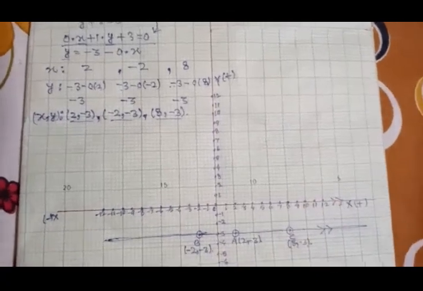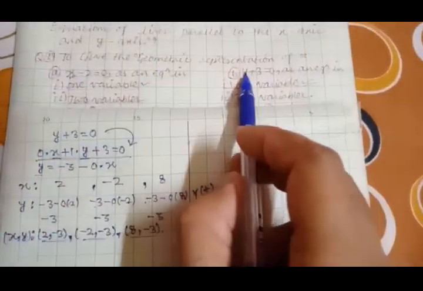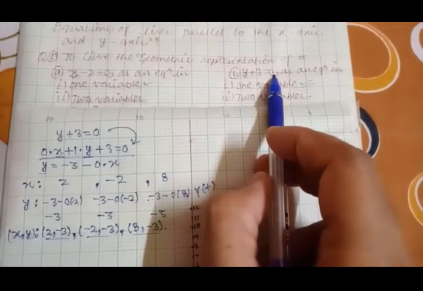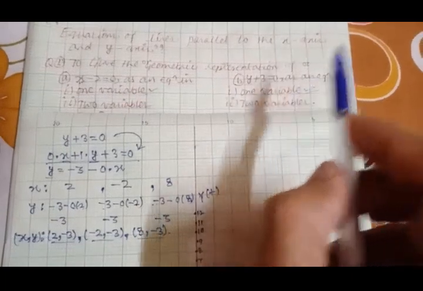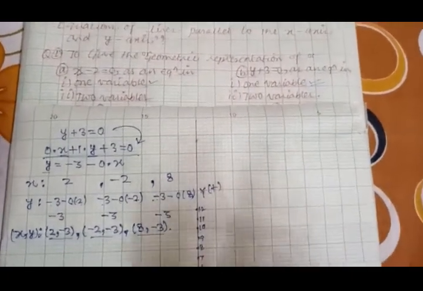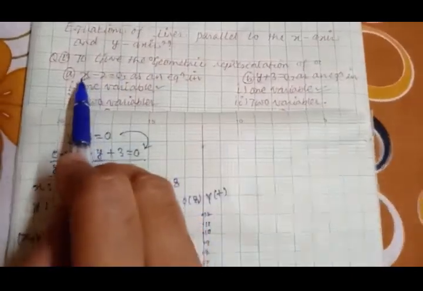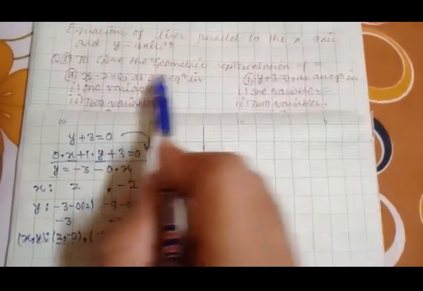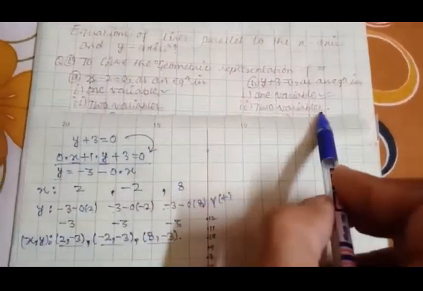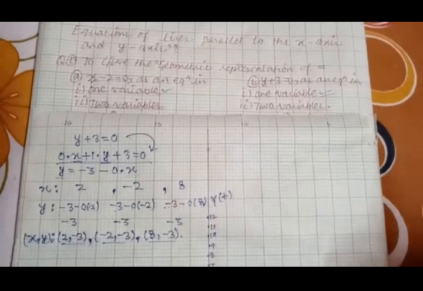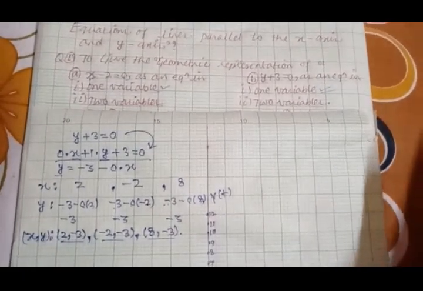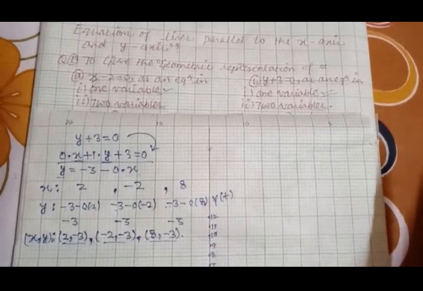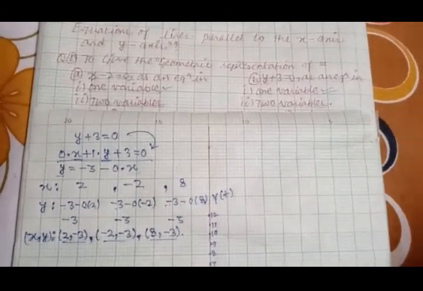So remember that whenever a linear equation of this form is treated as an equation in one variable, its geometrical representation is a point only, and whenever it is treated as an equation in two variables, its geometric representation will be a straight line parallel to the y-axis or x-axis. That's it.